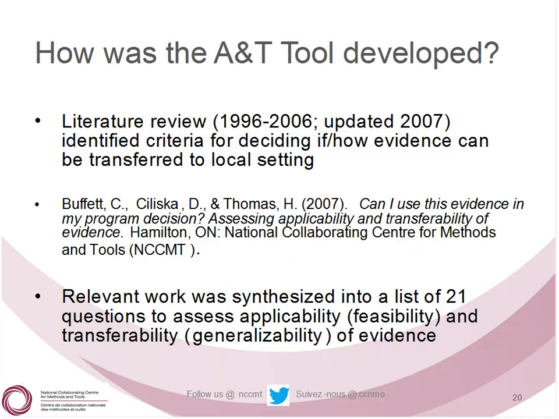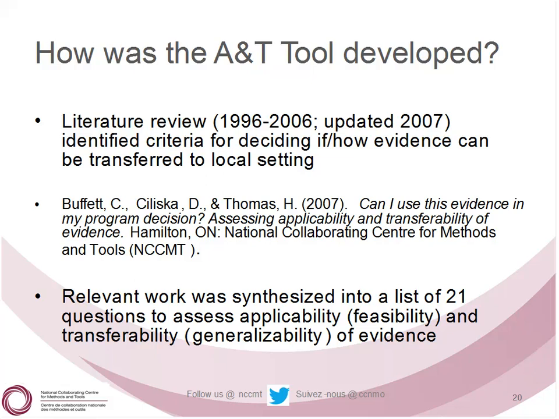Okay, sorry. So the A&T tool was developed from a literature review that was initially done up to 2006 and updated in 2007 to see if we could come up with some actual criteria for how to decide if a program should be put in place or should be stopped. The references there are for the actual paper that you can find on the NCCMT website that includes the literature review.